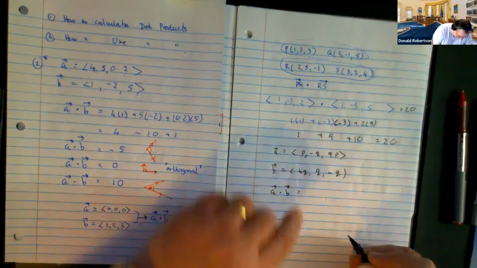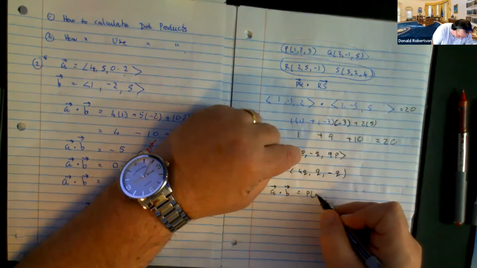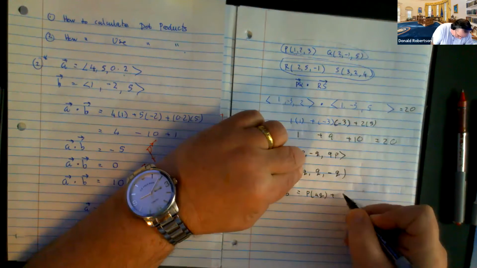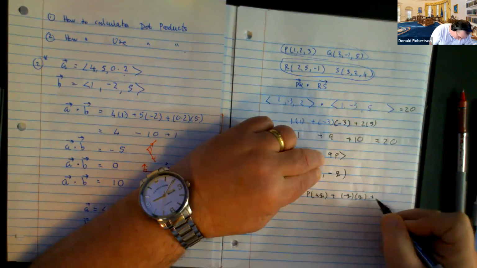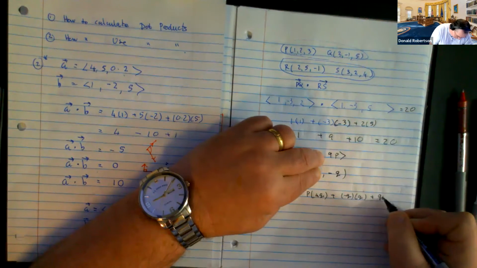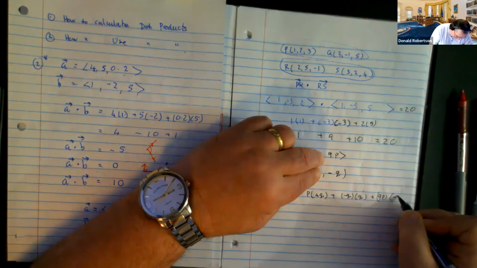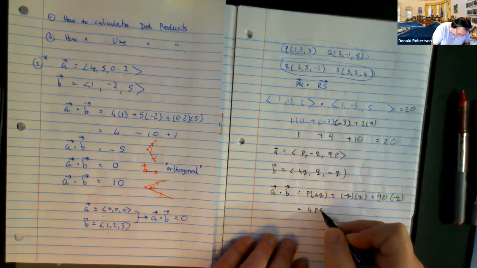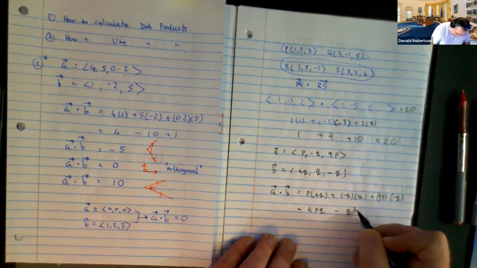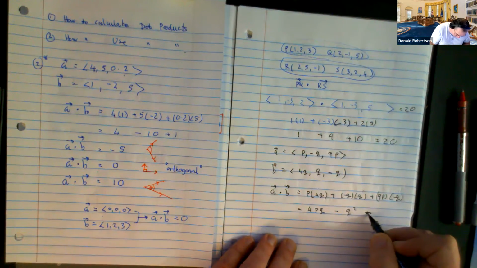Well, it would just be P times 4Q added to -Q times Q added to -9P, take away that guy. What would that get me? 4PQ take away Q squared. Oops, that's a negative as well.